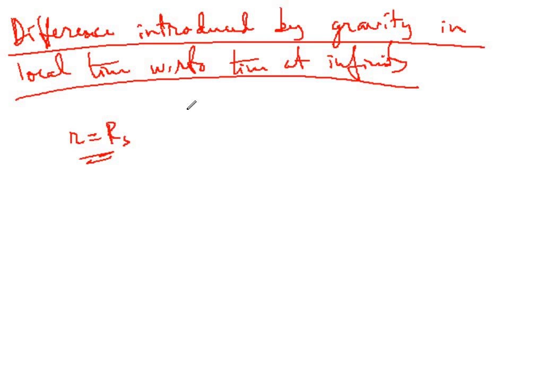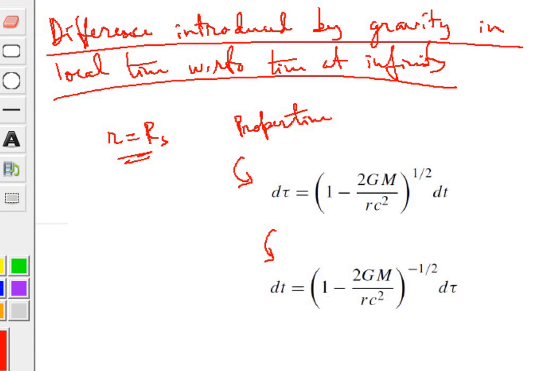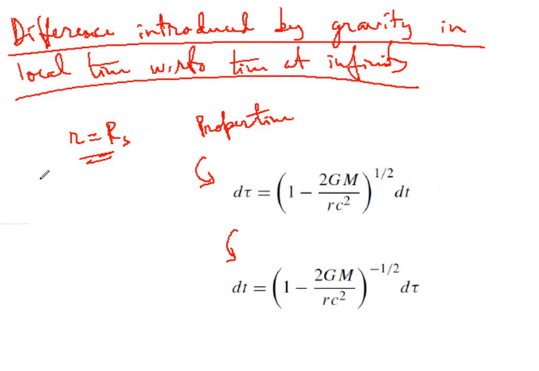Let us now look at the proper time. So this is the proper time, right? From here we can also get this form. Now you see, let me change the color. Okay. Now when r tends to infinity, what do you see? Both times agree.